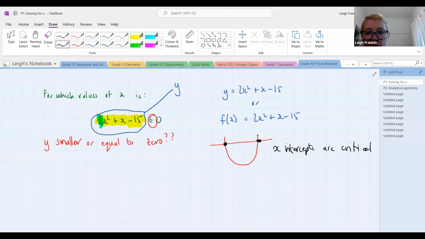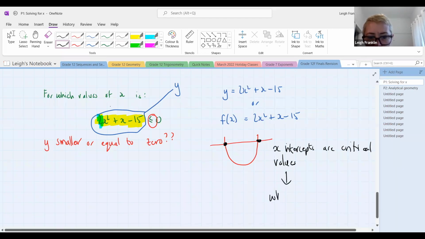And the reason why they are critical values is because those are the values where y changes from being positive to being negative.